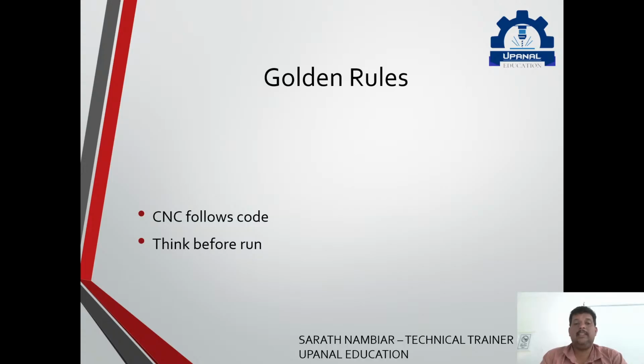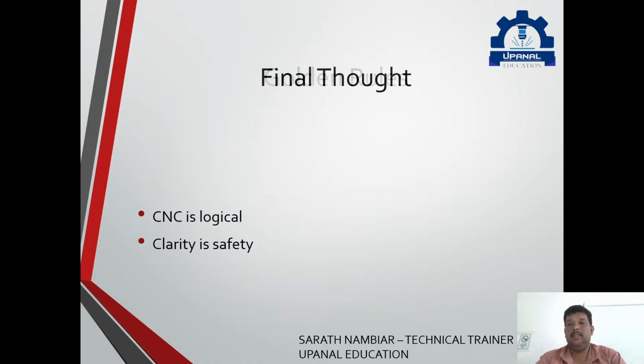Always think, check, do everything before you finally start the work. The main thing: CNC is logical, and clarity is safety. Even if you work with CNC, you have to always give the proper codes, and you should be clear yourself. Then only can you work safely. Understand?